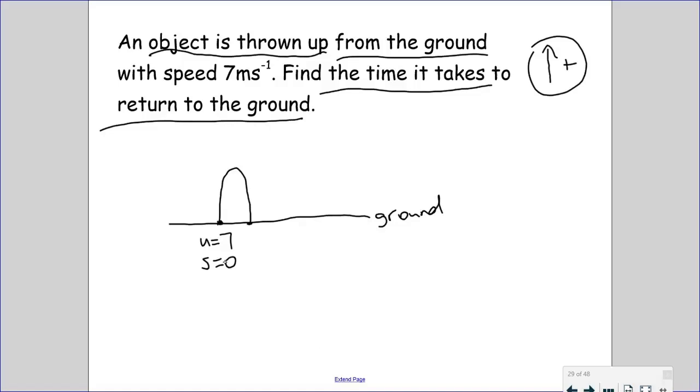So S is 0. We know that the acceleration in this case will be -10 because gravity is 10 and our positive direction was up. So A becomes -10. And we have to find the time. Right, so U, S, A, and T, find a SUVAT formula which links all 4 of them.